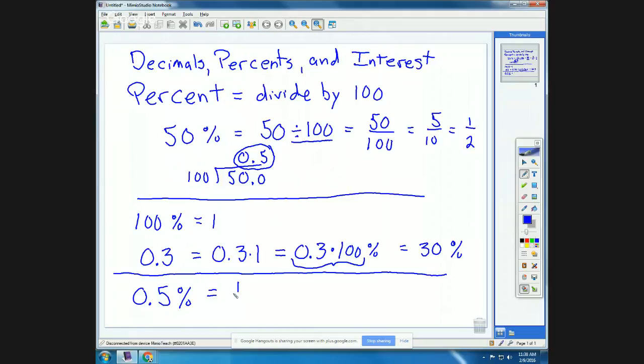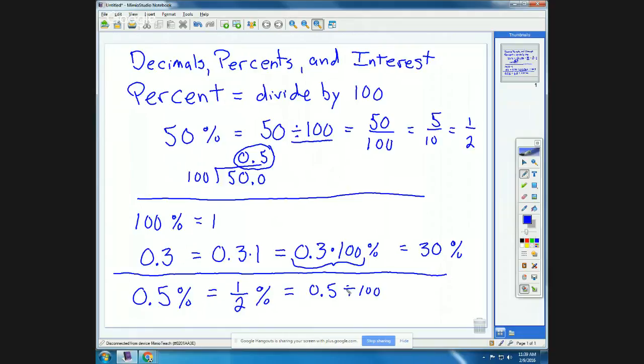So I can write it this way too. This is not equal to 0.5, and 0.5 is 50%. This is 1/2%, it's less than 1%. And the percent symbol is still there. So in order to write this number, I have to take either form, the fraction or the decimal version, divided by 100. Let's do the decimal since I started with that.